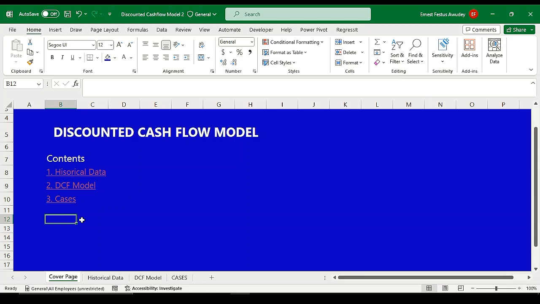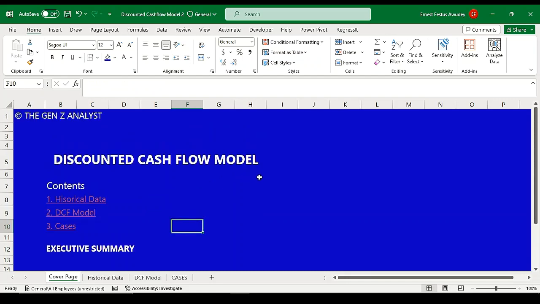So you can have an executive summary. Okay, so you can just have a brief executive summary there, so that whoever picks this model, by reading that, will quickly understand that, okay, so this is what I am expecting to see my model answer within this particular model. All right, so that is it.